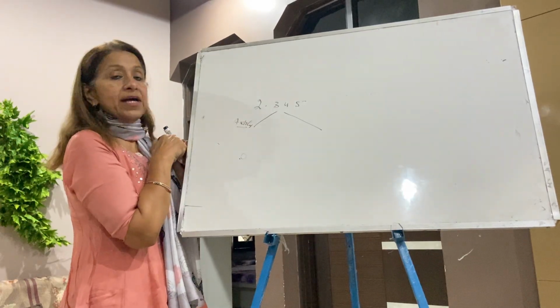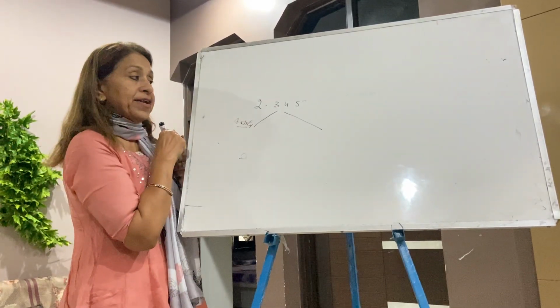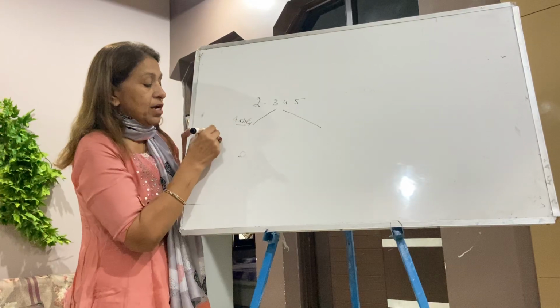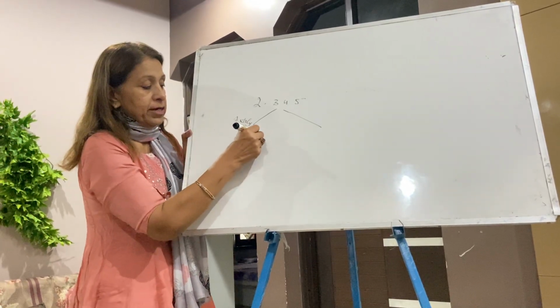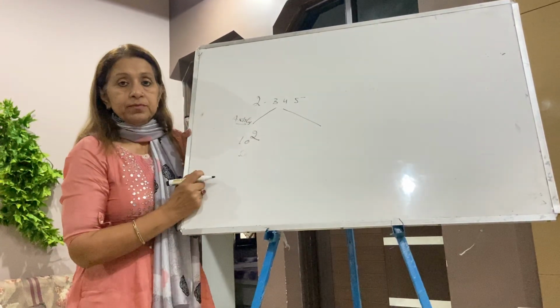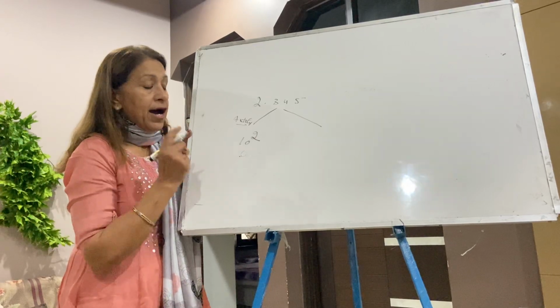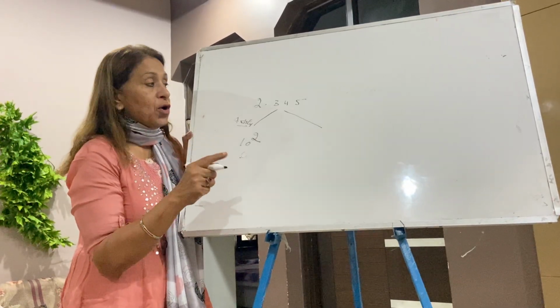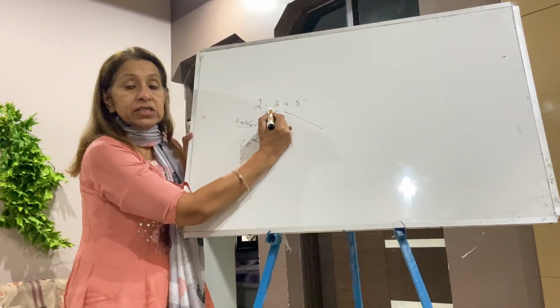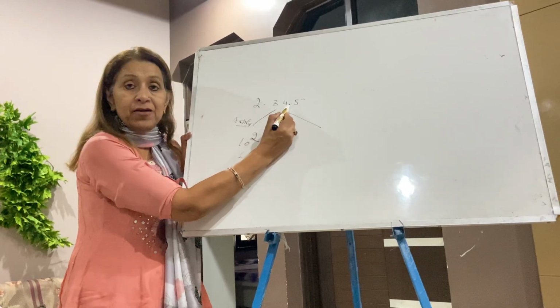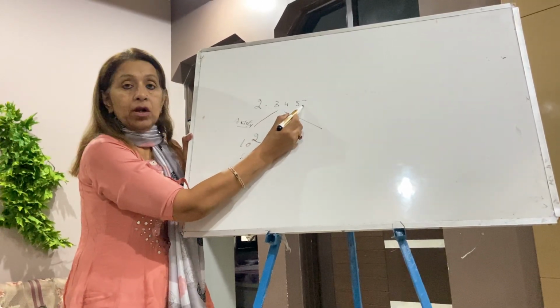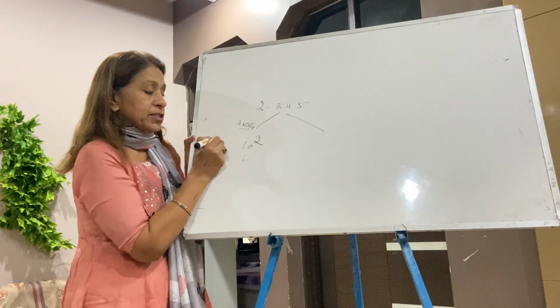Whenever you want to see the anti-log, whatever is written before the decimal is always 10 raised to power. It's 10 raised to power 2. And always check the anti-log with the decimal. Now here you will see the anti-log of 0.34 in the 5th column. You can check that it is ABCD.